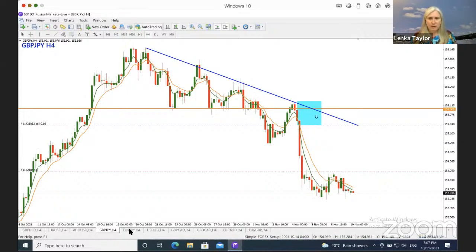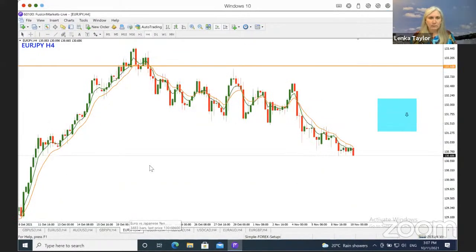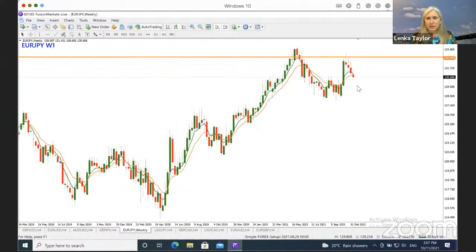Next currency pair I'm going to have a look at is Euro JPY. So Euro JPY, I'm looking for a short. On the weekly, we had that bounce off that horizontal resistance at 133. I didn't get a good reversal there, so I didn't get in.